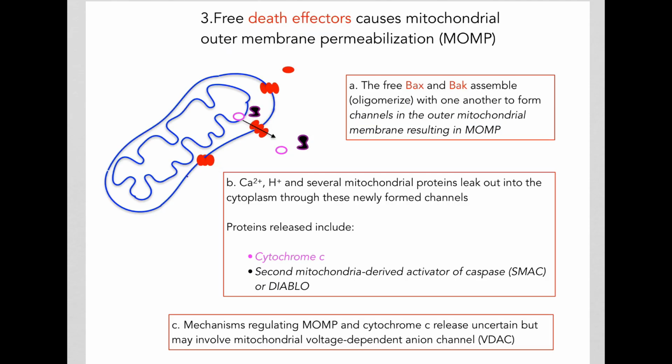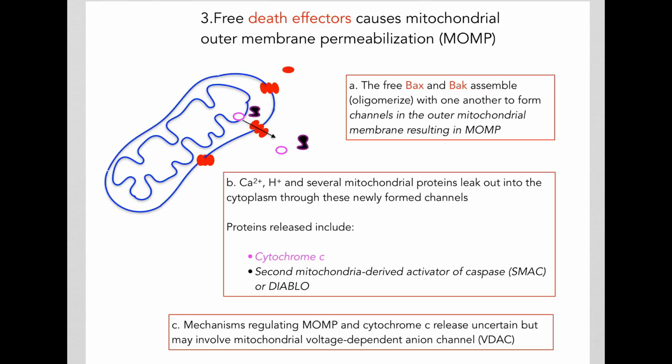And now that the outer membrane is permeable, it allows a lot of chemicals to leak out of the mitochondria. For example, calcium, protons, and several mitochondrial proteins will leak out from the mitochondria into the cytoplasm. Two of these proteins that are important to note include cytochrome C and SMAC or DIABLO.